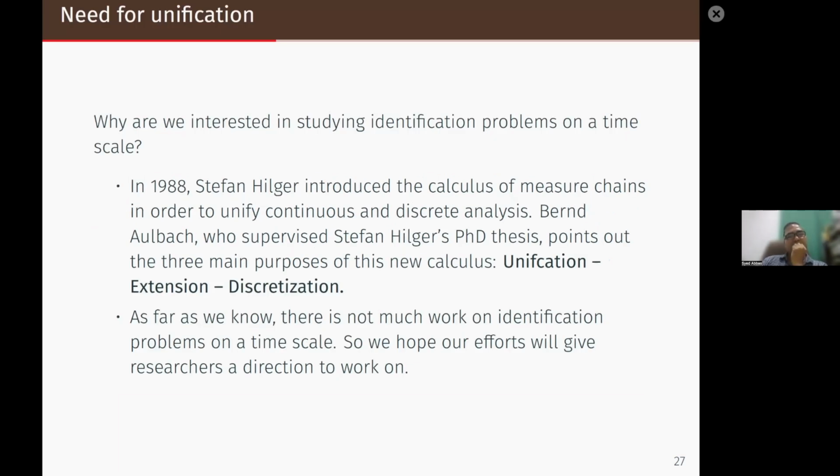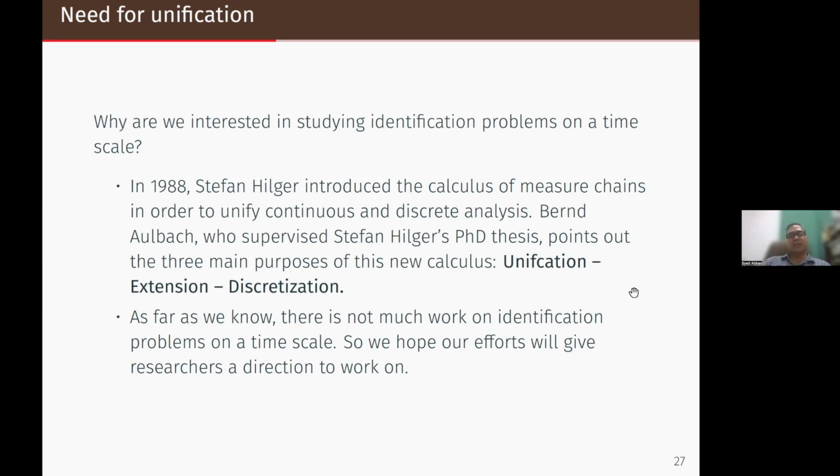So we are interested in studying the identification problem on a time scale. If we go back to the history, time scale calculus was introduced by Stefan Hilger in his thesis, and the main aim is to unify the continuous and discrete cases. Professor Aulbach, who supervised the thesis of Stefan Hilger, points out that the main purpose of developing time scale calculus is unification, extension, and discretization.